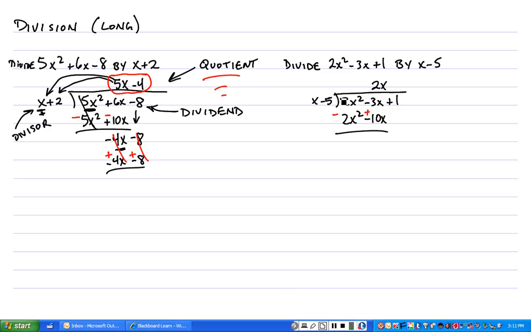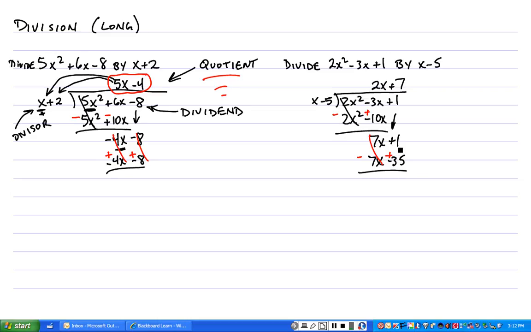That causes these to cancel. Negative 3 plus 10 is a positive 7x. Bring down the plus 1. So now that's going to be a plus 7. 7 times x gives me 7x. 7 times a negative 5 gives me a negative 35. Now I do my subtraction, changes the sign, changes the sign. Those cancel.